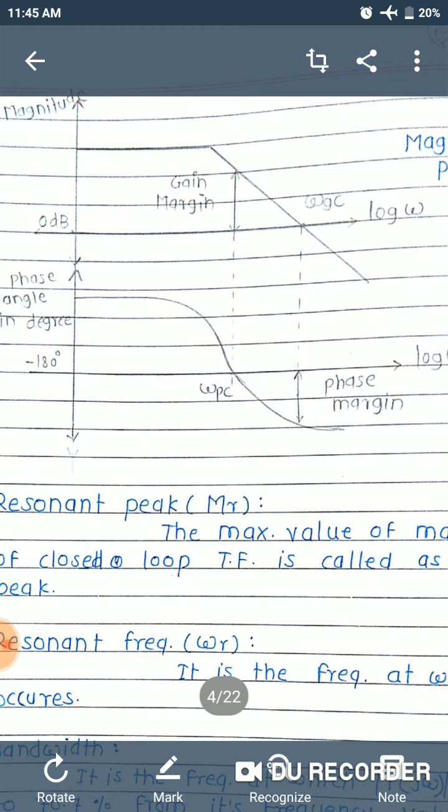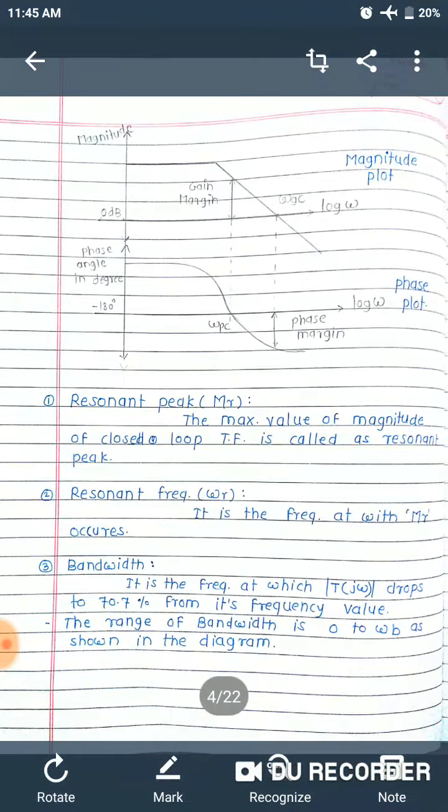And after drawing the magnitude plot which crosses 0 dB, we mark a vertical line to the phase plot, and the difference between minus 180 degrees and that constant value is the phase margin. We'll discuss this in the examples, because for each example we are going to draw the magnitude plot and phase plot on semi-log paper.